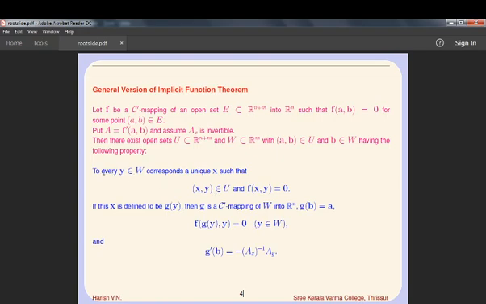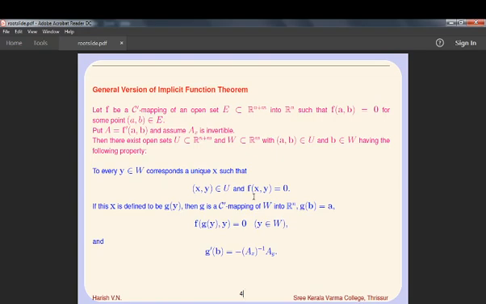So look at this sentence. To every y in W corresponds a unique x such that f of x comma y is equal to 0. That means x can be expressed as a function of y, satisfying the equation f of x comma y is equal to 0.